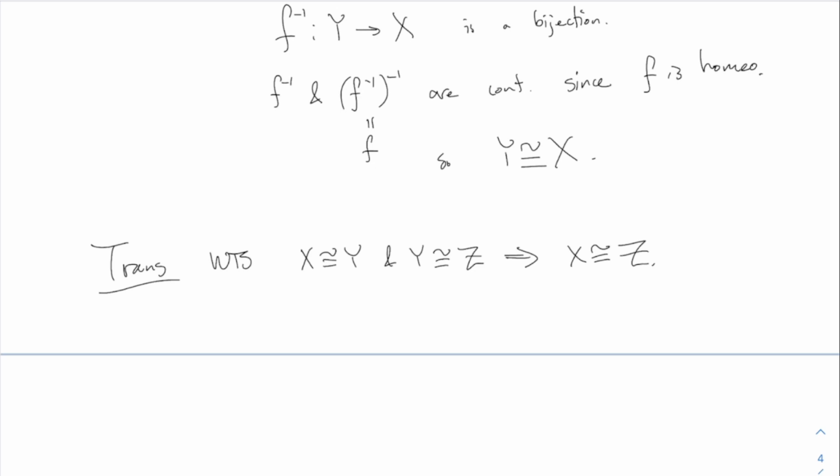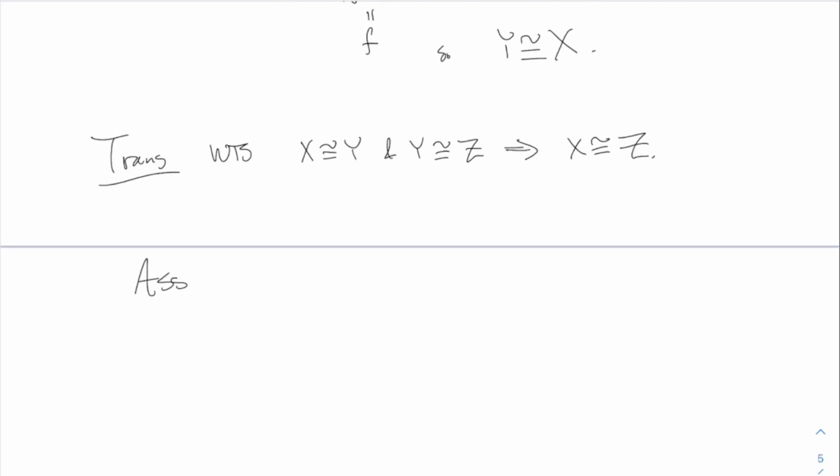All right. This one is usually the most complicated to write the proof, but it's not any harder in this example. We assume there exists F from X to Y, a homeomorphism, and also G from Y to Z, a homeomorphism.